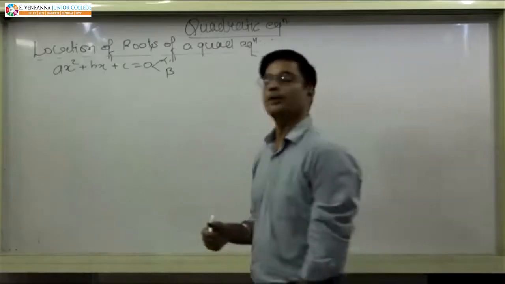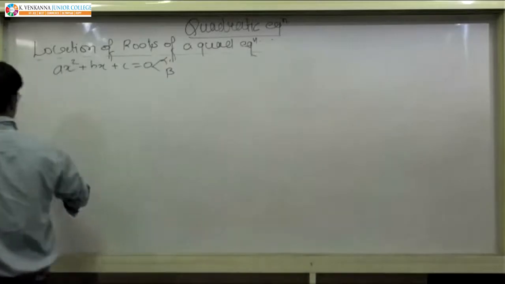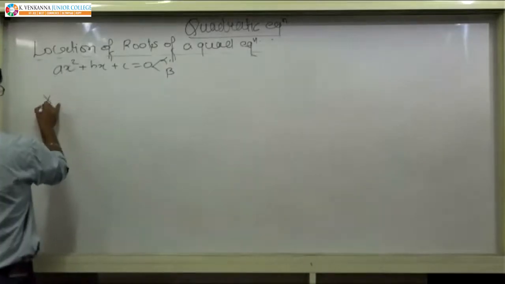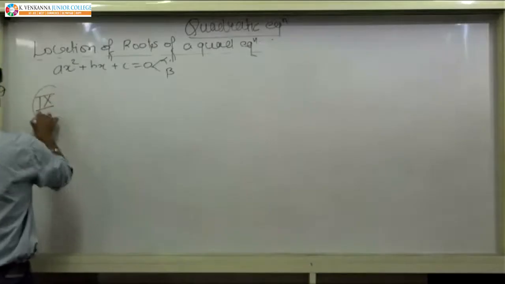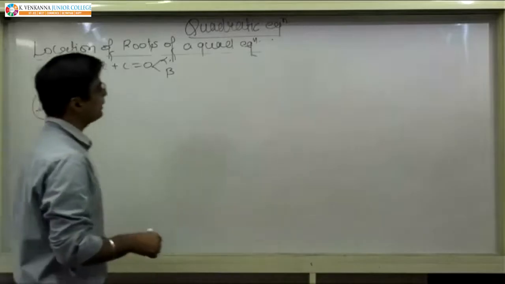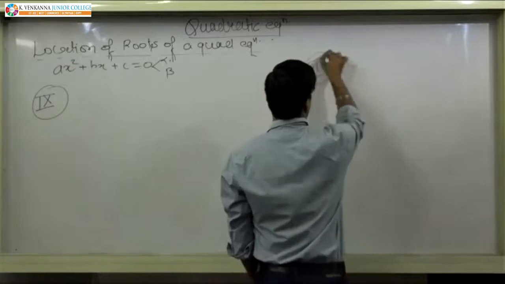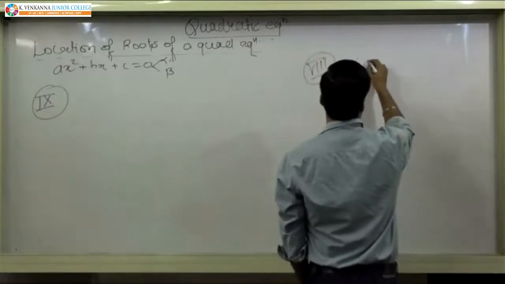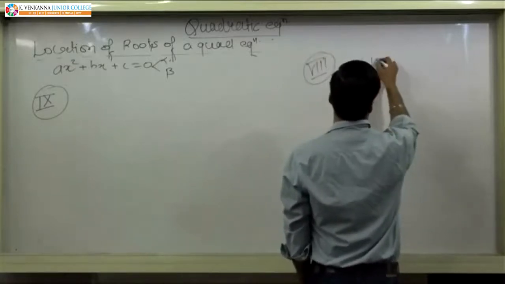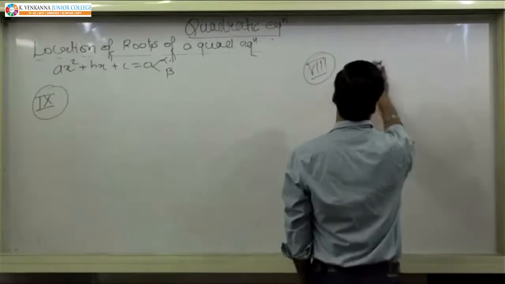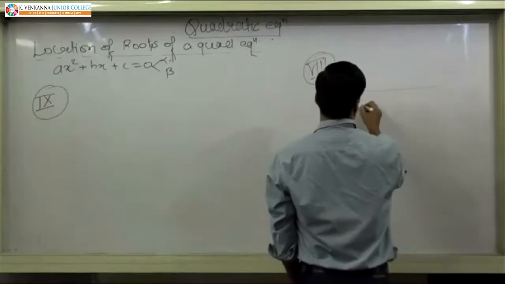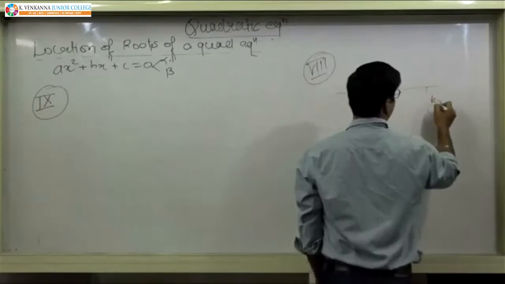Okay, thank you. Now let's come to this ninth case. In the eighth case, we said alpha beta, let's say this is your K1, K2. Let's say this is your K1 and K2. Okay.